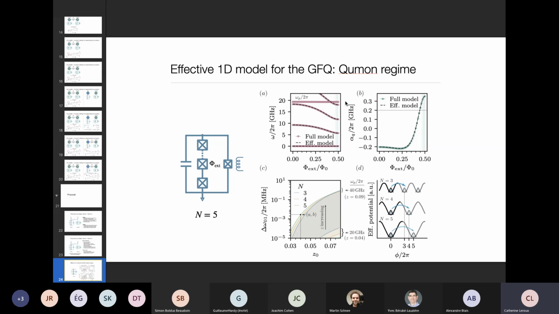So there we do not capture the excited states associated with the modes in the array. Our model only captures what happens if this array is frozen.